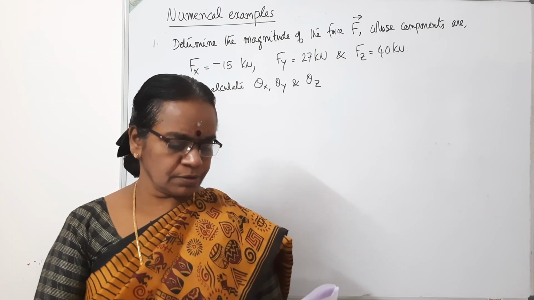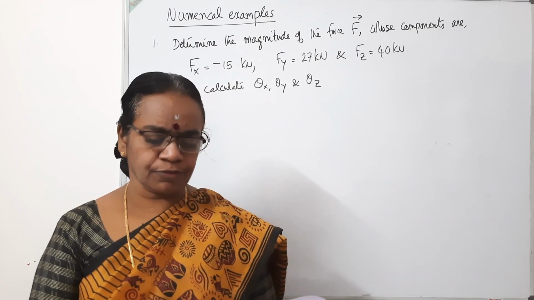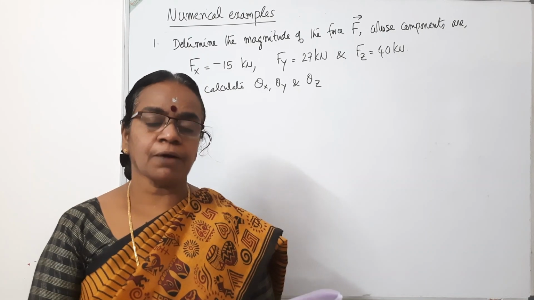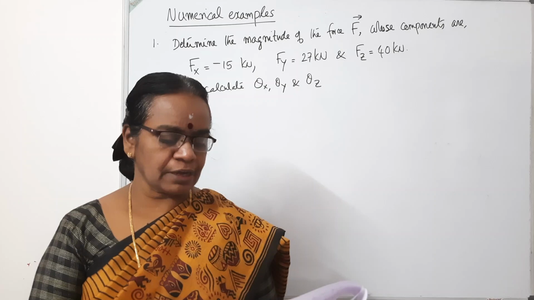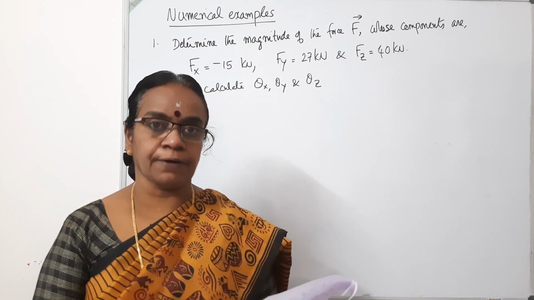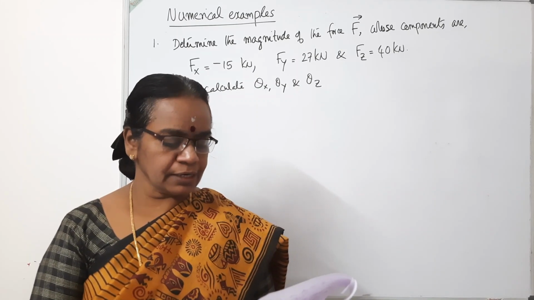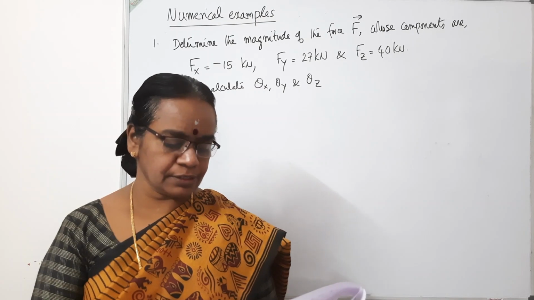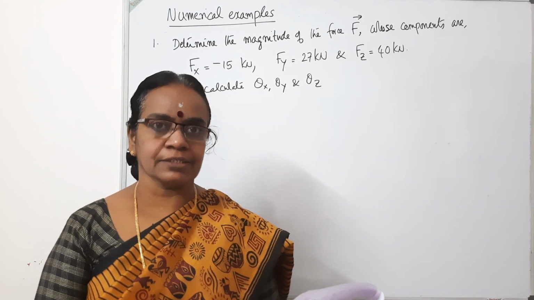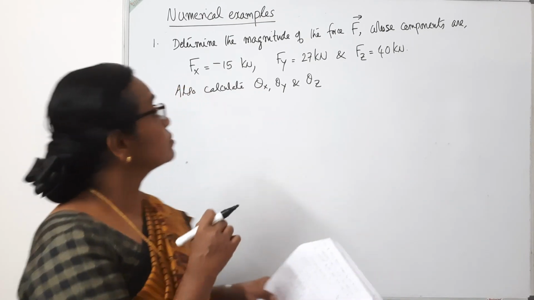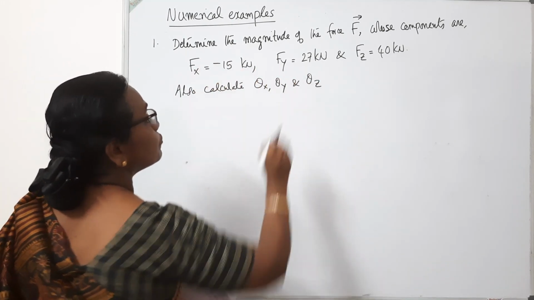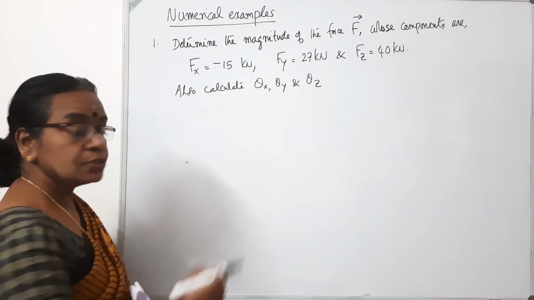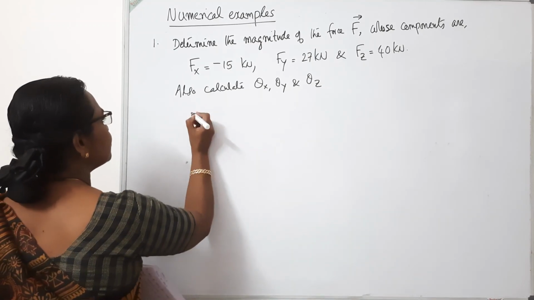Determine the magnitude of the force F, whose components are Fx minus 15, Fy 27 and Fz 40 kN. Also calculate the angles theta x, theta y, theta z it makes with the coordinate axes.